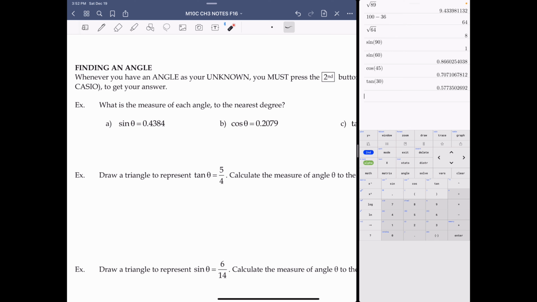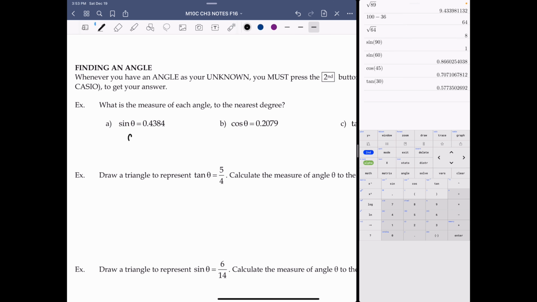So we want to move the sine over so that theta is left by itself. We're trying to separate the sine function from this unknown theta, just like if we have 3x and we're solving for x, we would divide by 3, because division is the inverse function for multiplication. The inverse or opposite function of sine is called sine inverse. Very creative, I know.